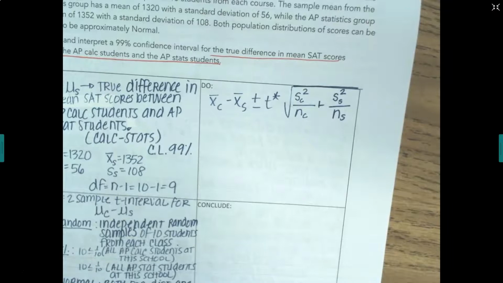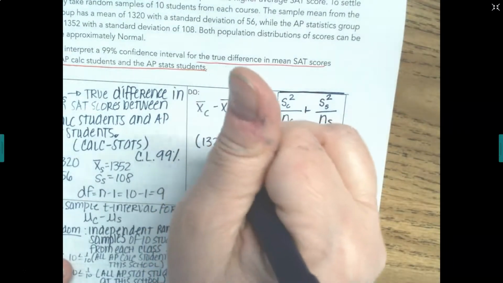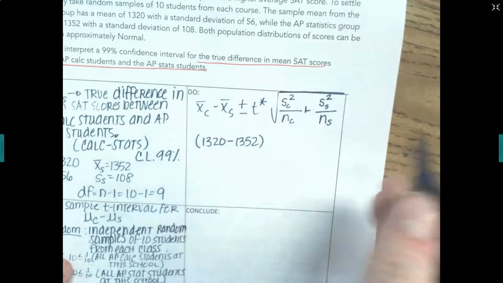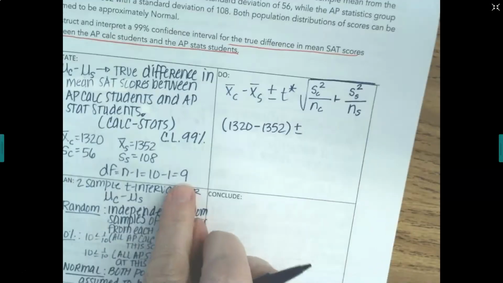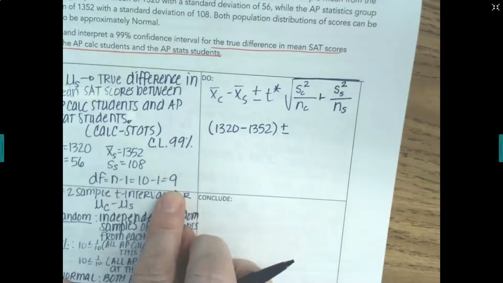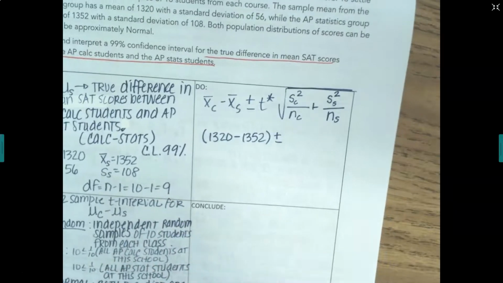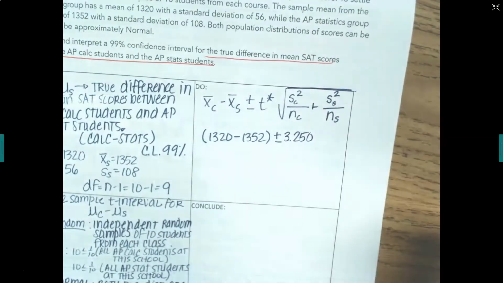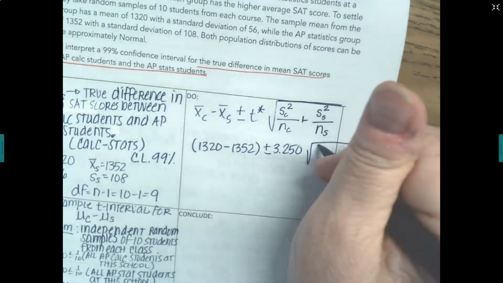So when we plug everything in, we're going to get the calc minus the statistics plus or minus. Now we had our degree of freedom of 9, so I went to table A for a 99% confidence interval and went up to 9 and got a T-star of 3.250 times the standard error.